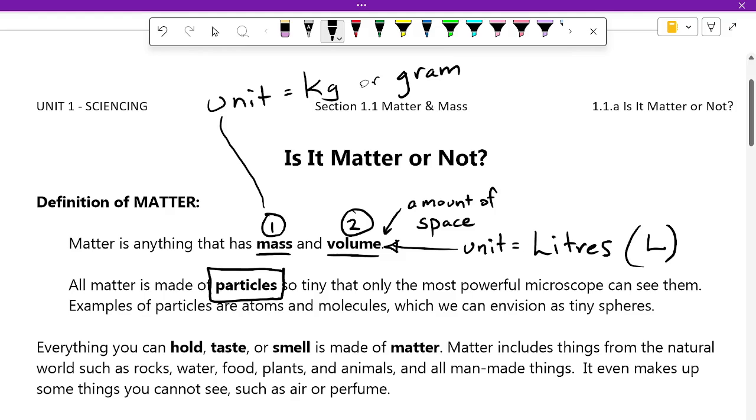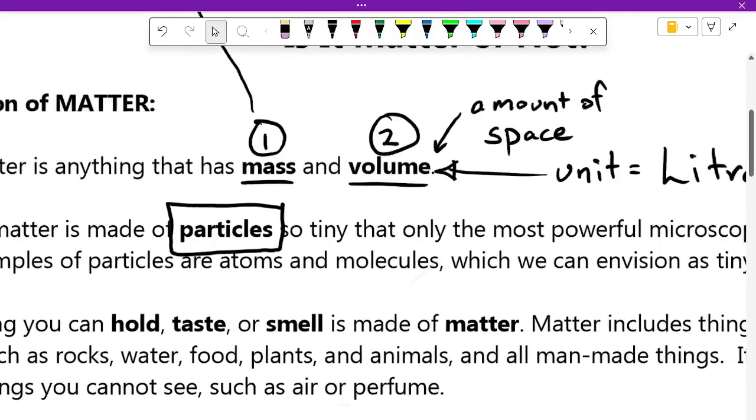If you can taste it, it is matter. When you taste something, little molecules, little particles go into your taste buds, and they cause the nerves in your tongue to send a signal to your brain that says sweet, or sour, or bitter.